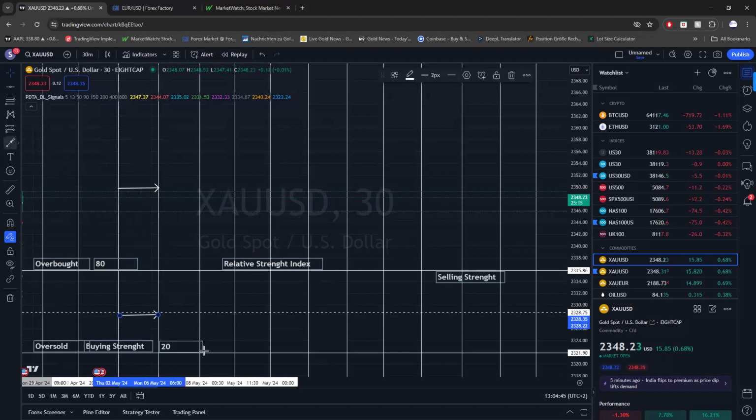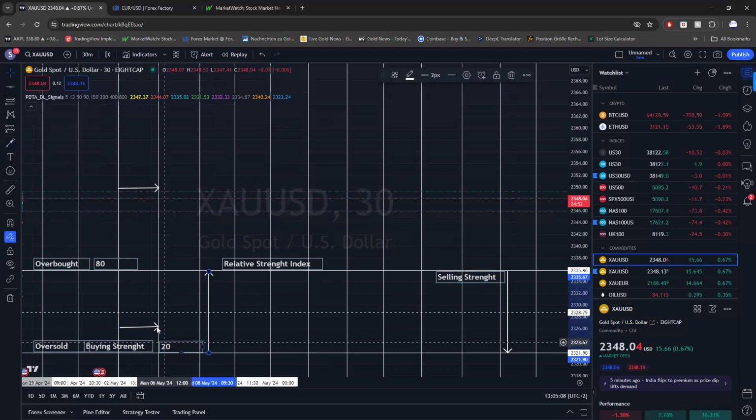Let me just add one more thing to this chart, which shows selling strength, this one. So this is the buying strength here.